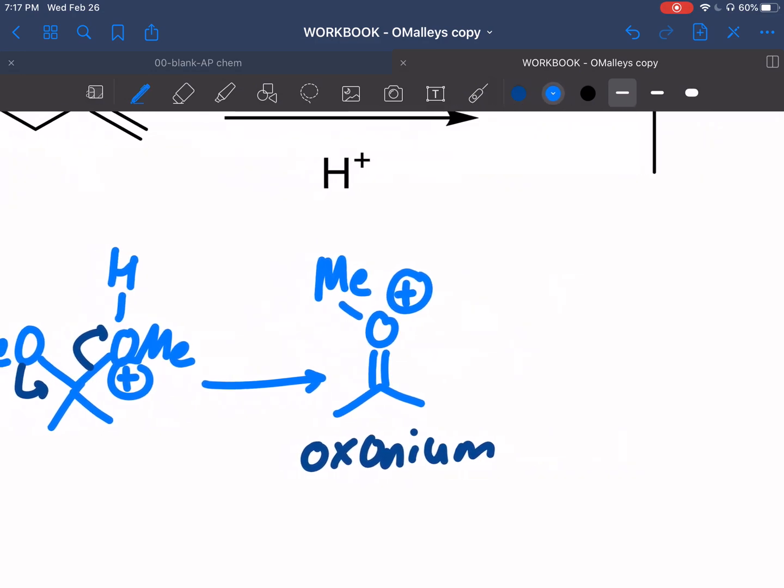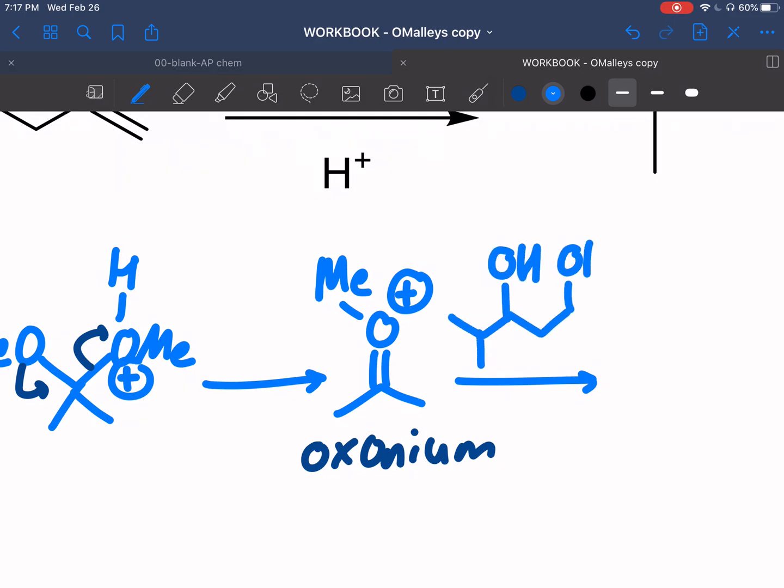And here's where the starting diol can come in and start to react. It's much bigger than two methanols or the ethylene glycol that we used in the first example, but it's still just a diol, and we're eventually going to form two bonds between both alcohols and that one oxonium carbon. It's not crucial to draw which one goes first, but I'm going to assume it's the less sterically hindered one.